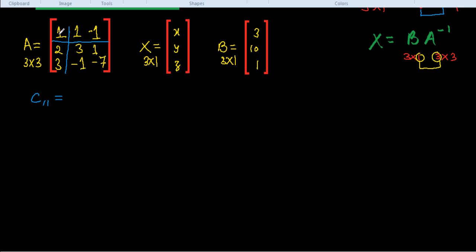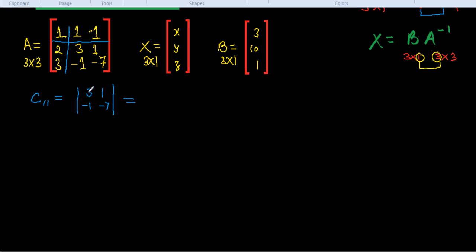So leaving the elements of first row and first column, the remaining elements we put in the form of a determinant. So we get here 3, 1, minus 1, minus 7. Now we simplify this determinant, expand it.